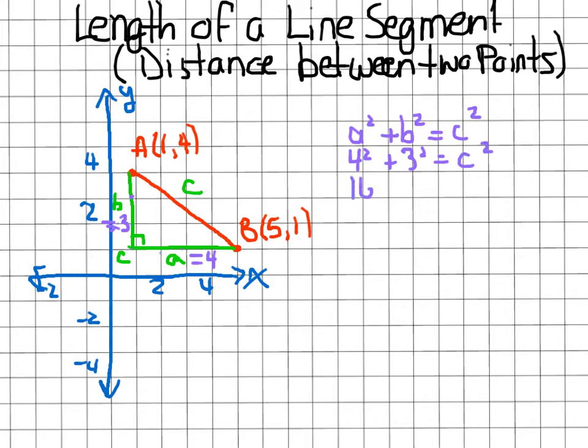Then I have 16 plus 9 is equal to C squared. 25 equals C squared. We take the square root of both sides, and I have 5 is equal to C. So therefore I know the length of my line segment AB is 5 units, or the distance between points A and B is 5 units.